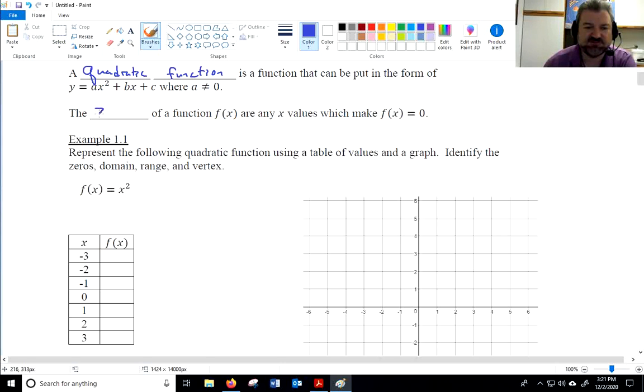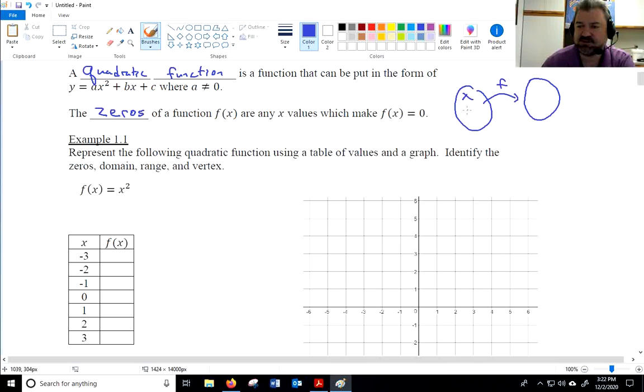The zeros of a function f of x are any x values which make f of x equal to 0. So a 0 is a number. Quite often that 0 is not, in fact, the number 0. It's a number like 3 or 4. And when we put it in, so we have x, and then we have a function f, which maps x to f of x, right?